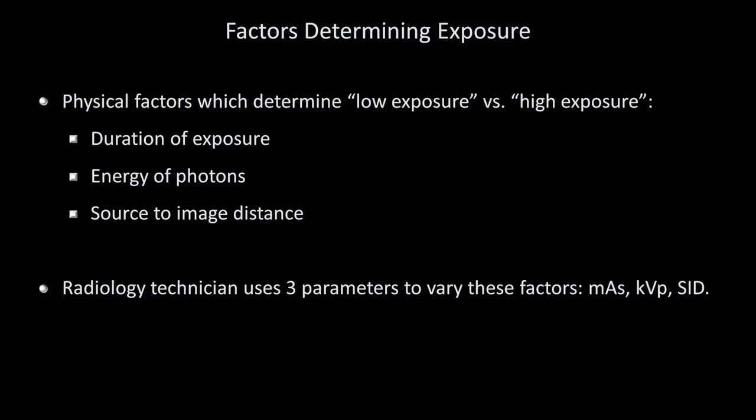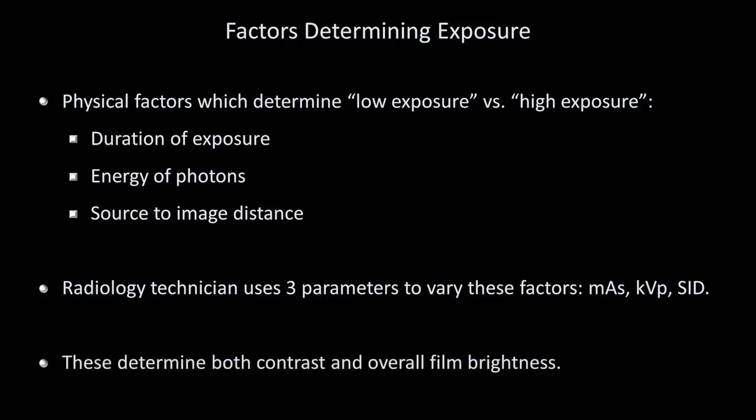The greater the distance, the greater the number of photons that will miss the target. For PA films, the standard distance is 6 feet, but for portable films, this may need to be adjusted depending upon the situation. The specific combination of parameters will result in a specific amount of brightness, sometimes referred to as optical density, and the amount of contrast.